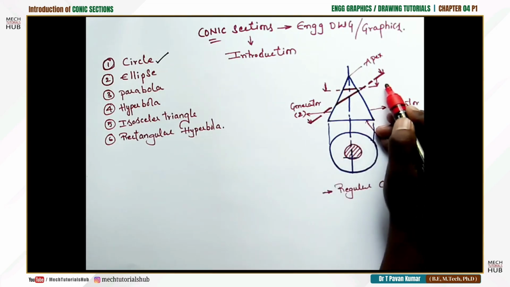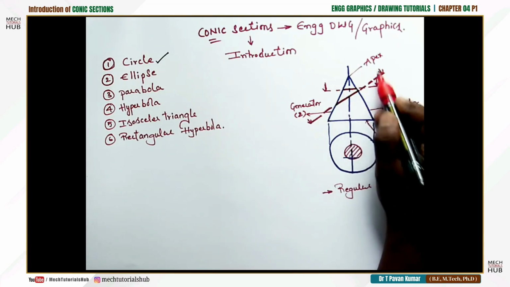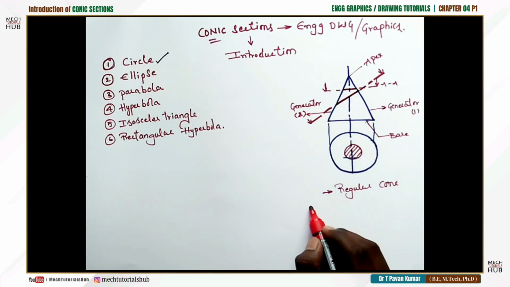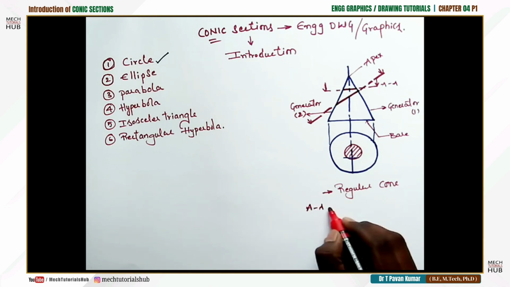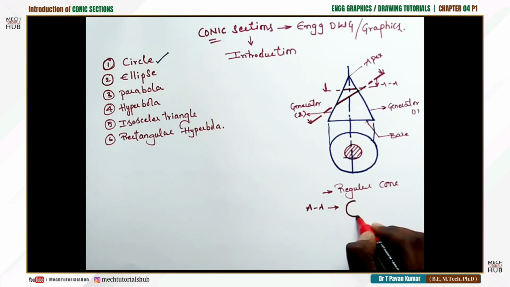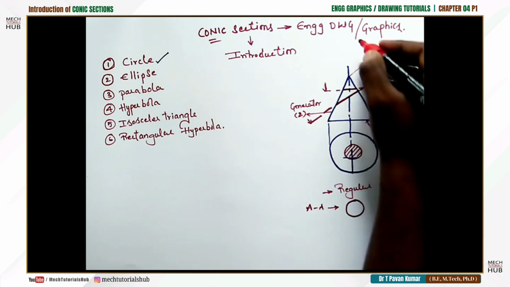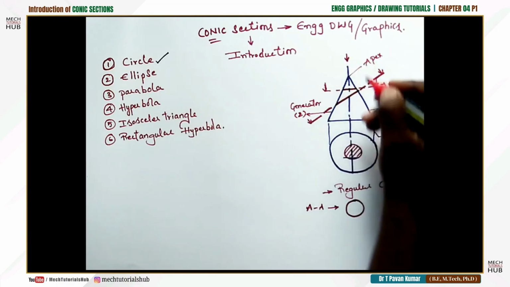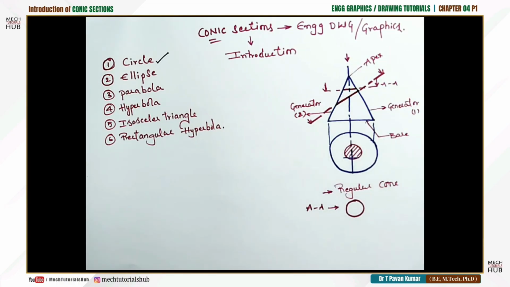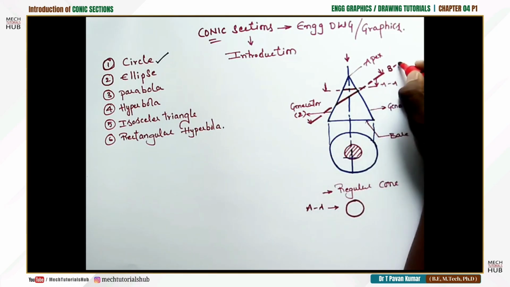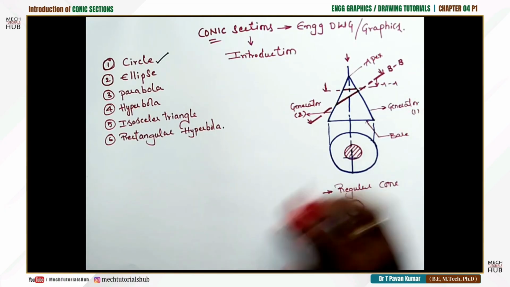Initially, let us consider the circle section as AA. If the circle section is AA, then you could see a circle when I view from the normal, meaning from the top. Let us consider this as section BB, cutting plane BB.